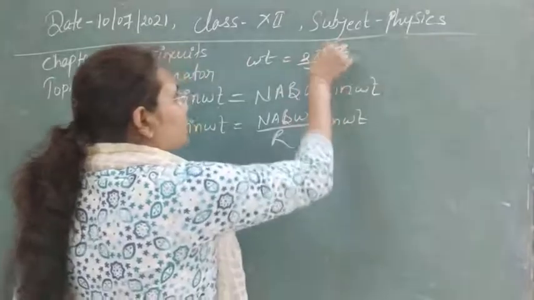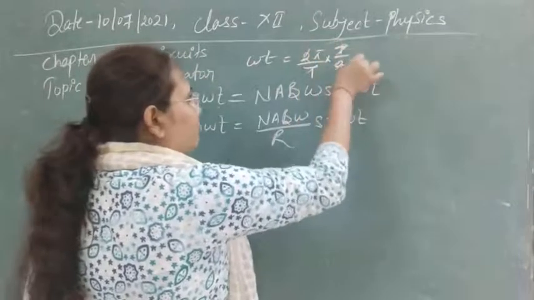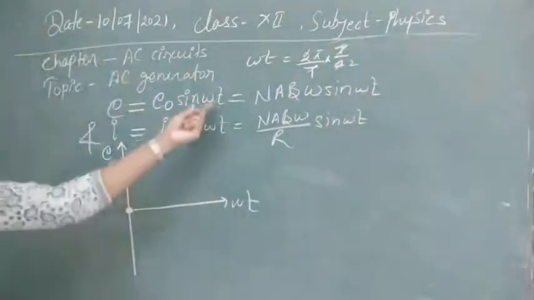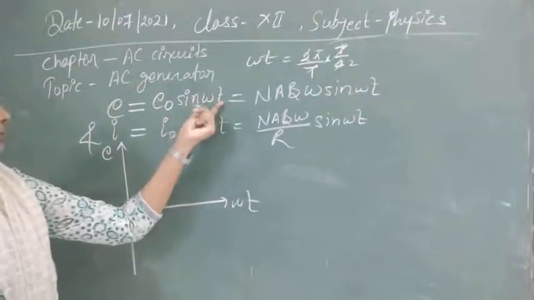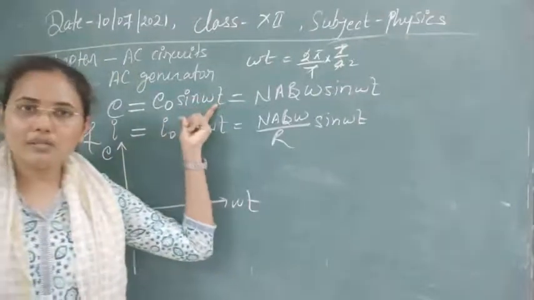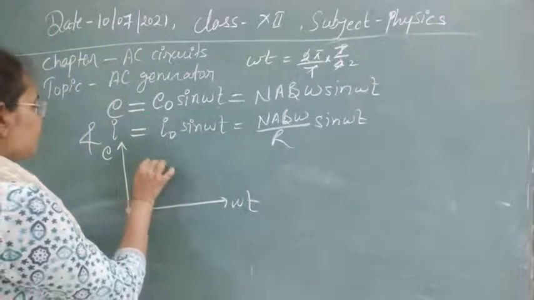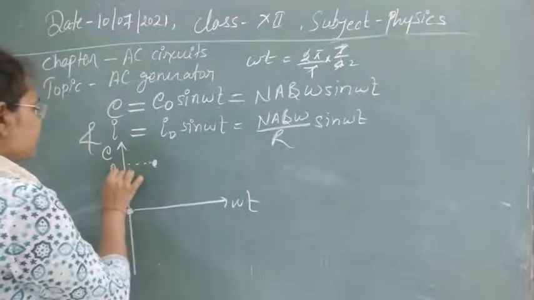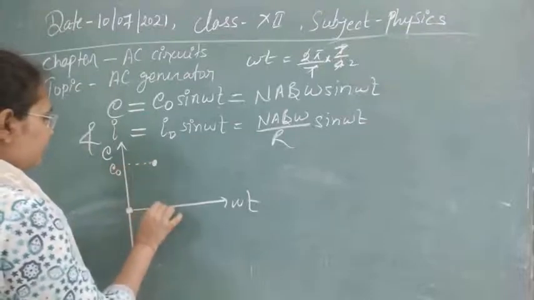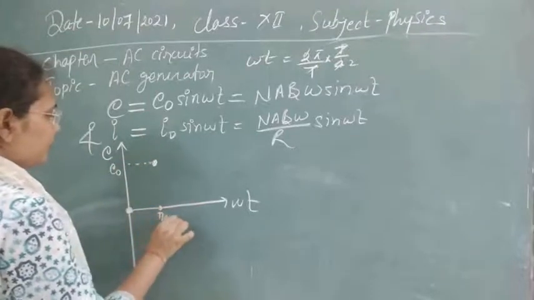This will cancel out, and 2 by 4 gives pi by 2. Whenever you put omega t equal to pi by 2, sine pi by 2 has value 1. So this will provide the maximum value. Suppose this is our t0, and this is our T by 4 time.